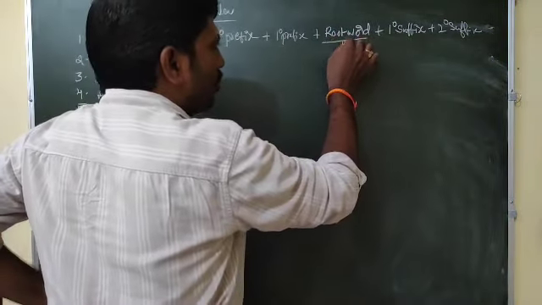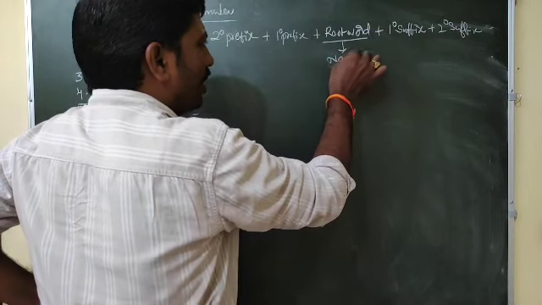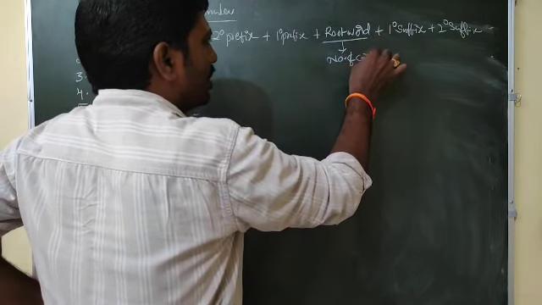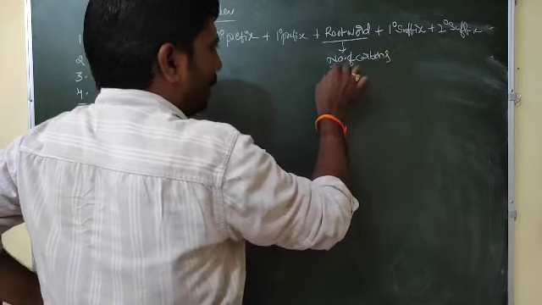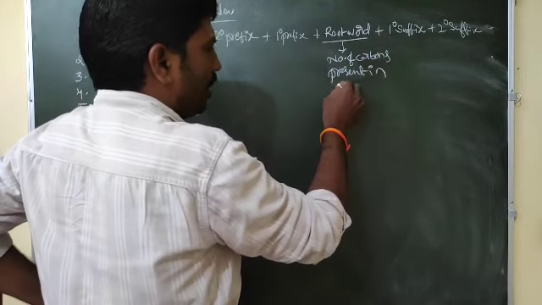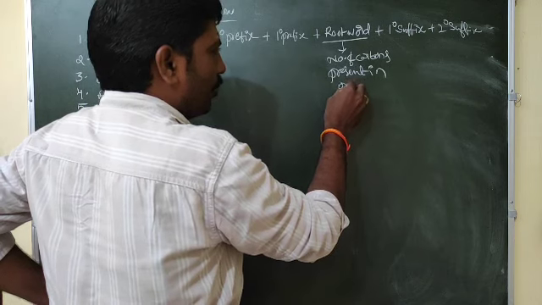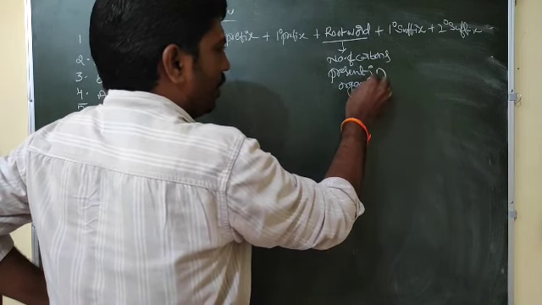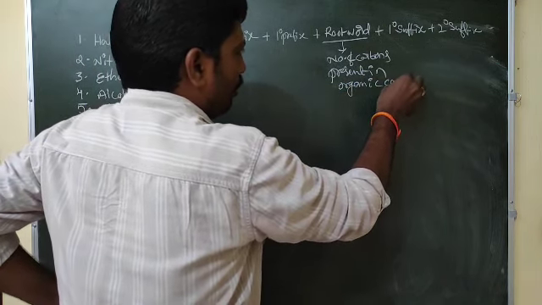The root word tells about the number of carbons present in an organic compound.